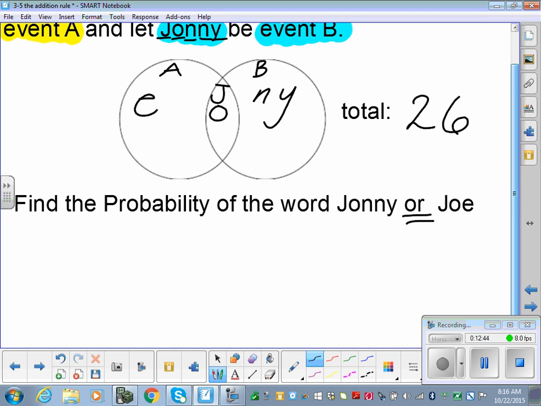So how many letters? 1, 2, 3, 4, 5 out of 26. That's the probability that we'll have Johnny or Joe. So there's a 5 out of 26 chance that we'll be able to spell Johnny or Joe. So 5 divided by 26, and that's a 19.2% chance.